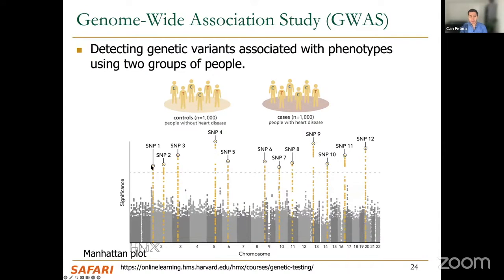So it doesn't mean that whenever there's a SNP, it will be basically linked to that particular symptom, because maybe it may be linked to something else, or maybe it may not be linked to anything at all, right?